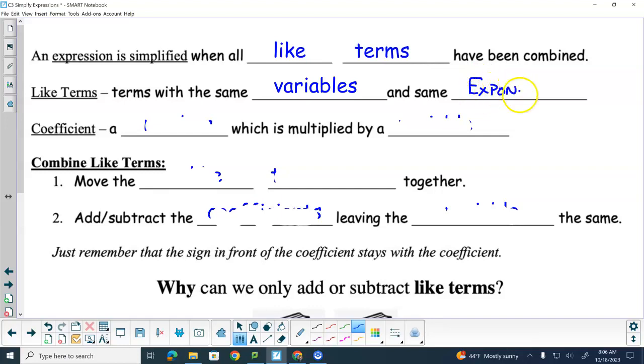They do not have to have the same leading number, the big number out in front, but they do have to be like x squared and x squared, or z and z, w and w. Variables and exponents. A coefficient, we learned yesterday, is a number multiplied by a variable, and that coefficient is just that number out in front.